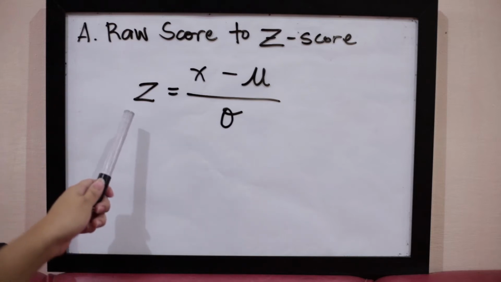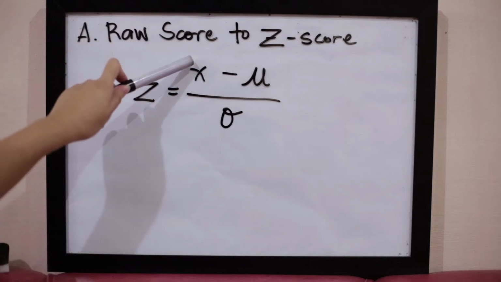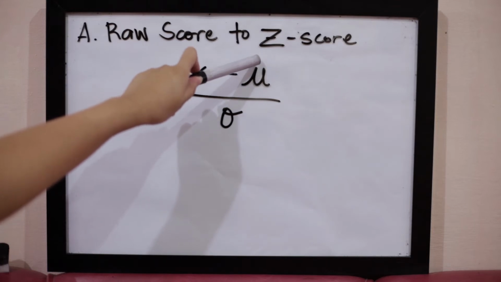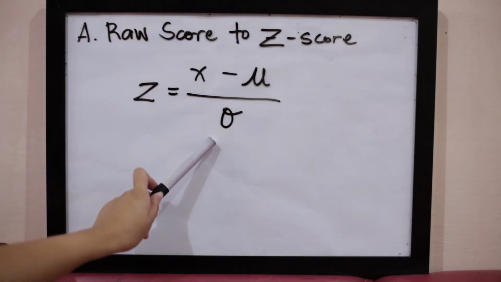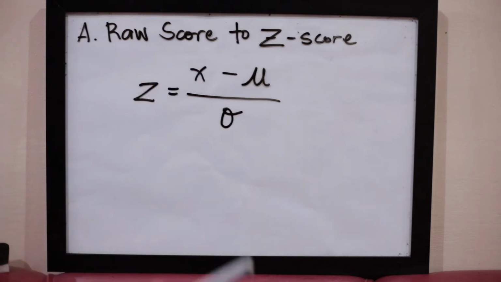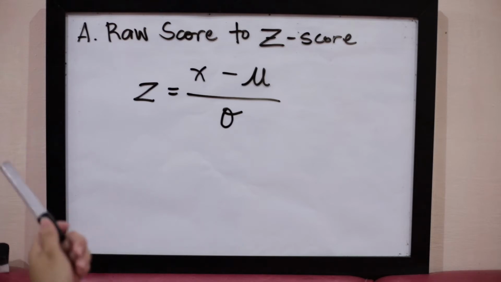Again, z is the z-score, x is the raw score, mu is your mean, and sigma is the standard deviation. So, let's have a few examples of how to rewrite a raw score as a z-score.